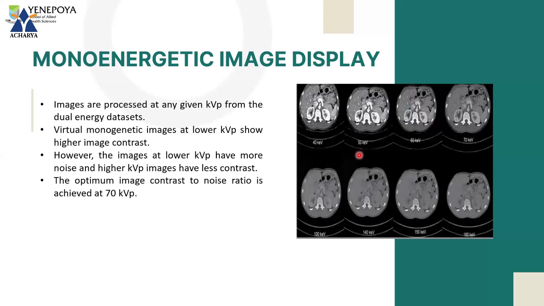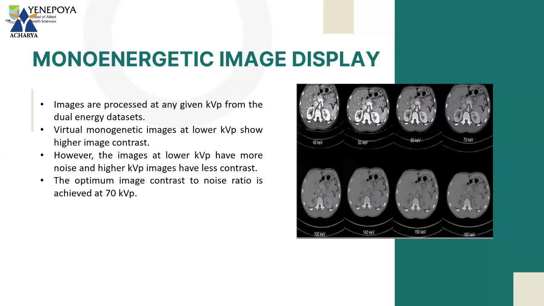Virtual monoenergetic images at lower kVp, for example at 40 kV, will show very good image contrast and make small anatomic lesions more conspicuous than the routine ones. Routine is at 70 kV. However, the images at lower kV will have more noise.